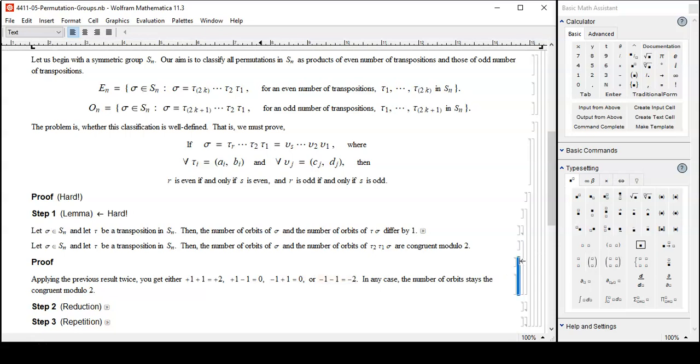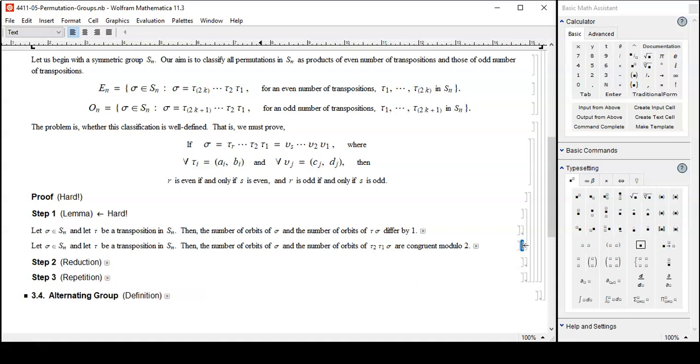In any case, congruent modulo 2, applying the first claim twice, right? They differ by 1, and then we apply it twice. So if you multiply two transpositions, or if you remove two transpositions, we have congruence modulo 2, two at a time.